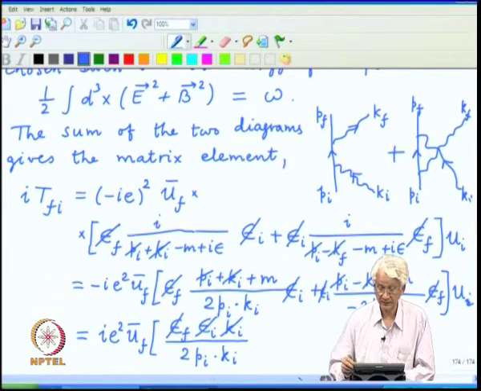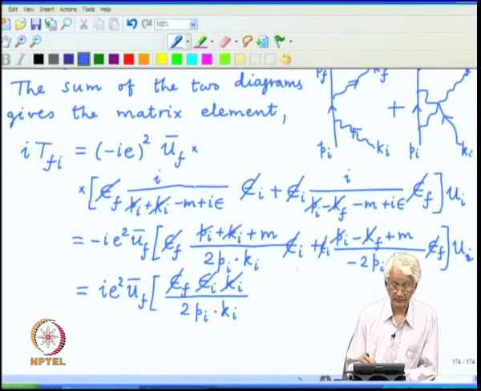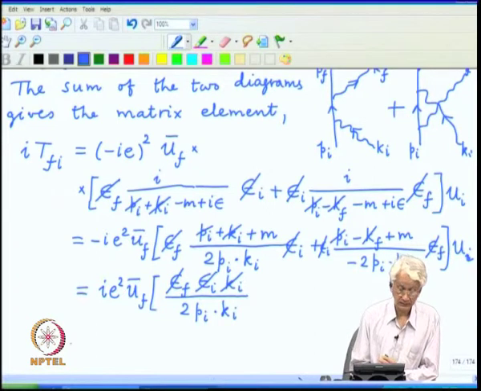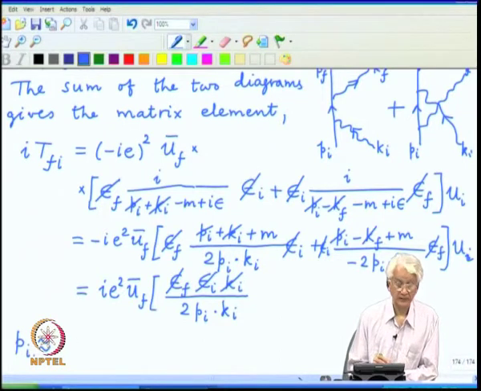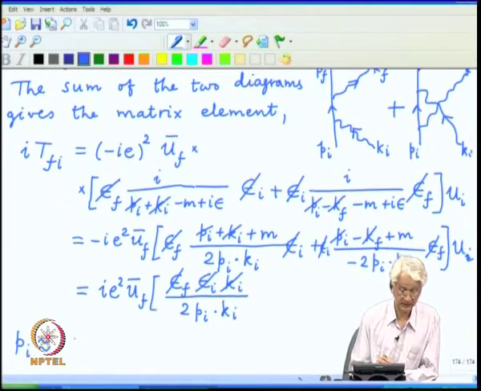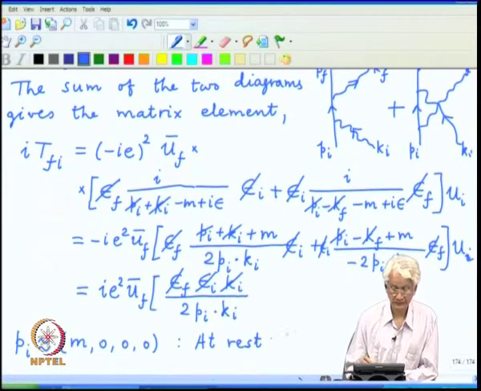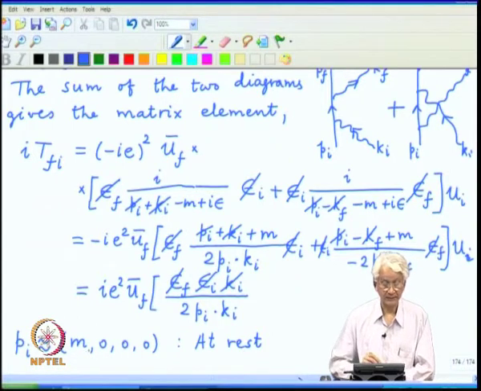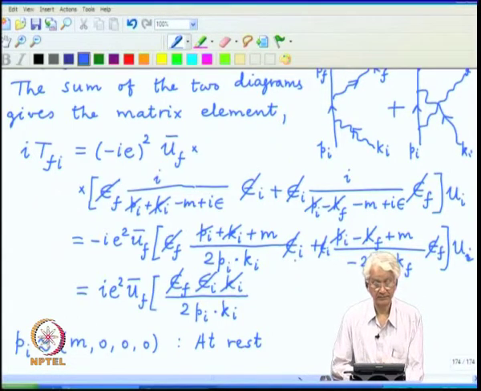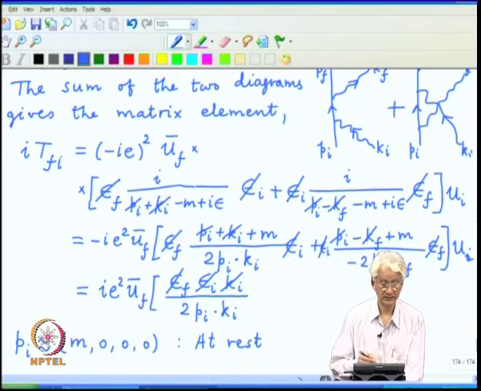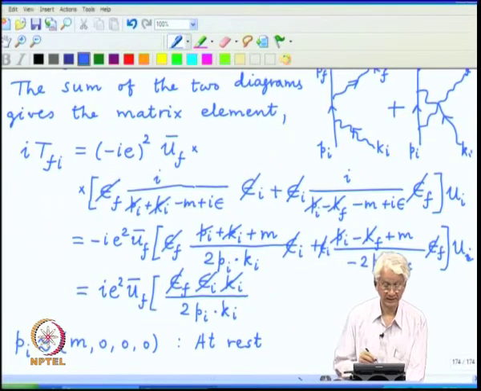another property, that the initial electron is essentially at rest, and so its structure is m 0 0 0, and the polarization is transverse, which has some component only in the space directions.